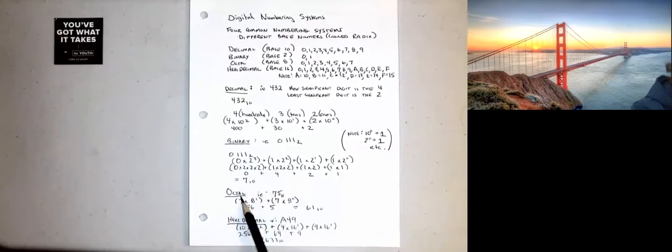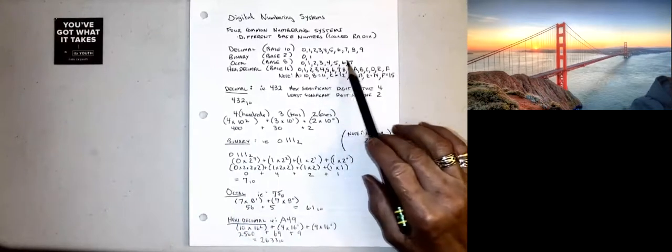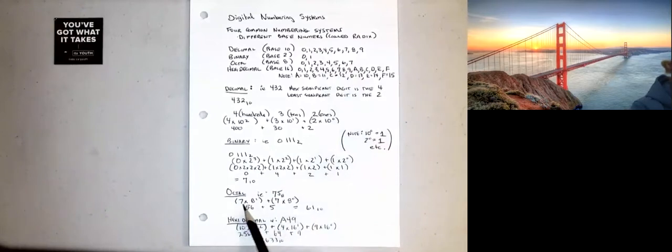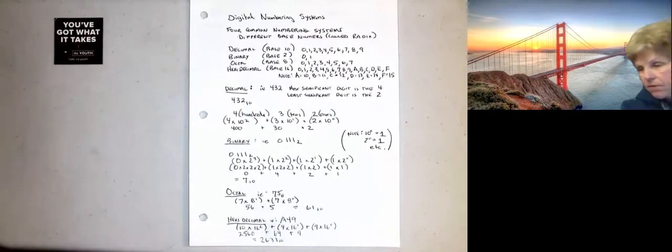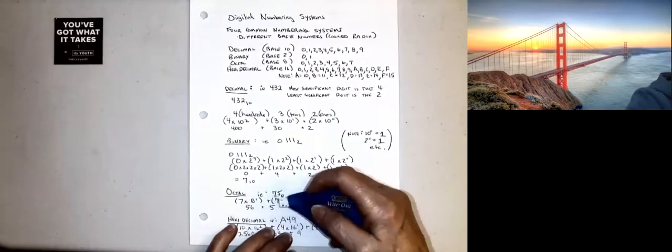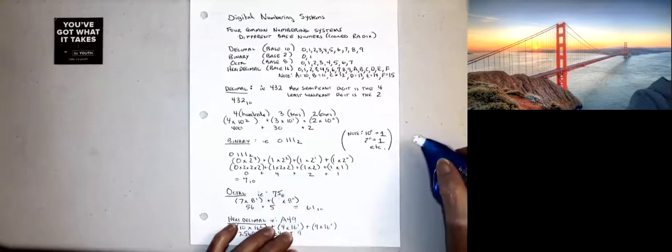I can do the same with octal. Remember, base of 8, the highest number we can count to is 7. So in this case, my octal number is 75, and the little 8 represents the fact that it is an octal number. Sorry, I'm just going to correct that so that you guys don't get confused.